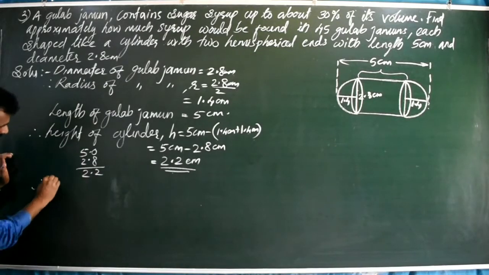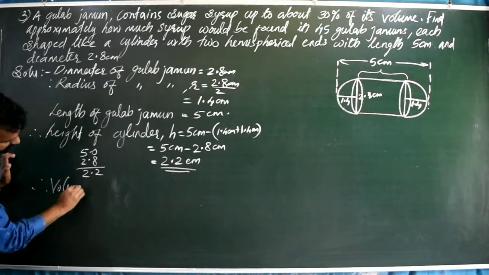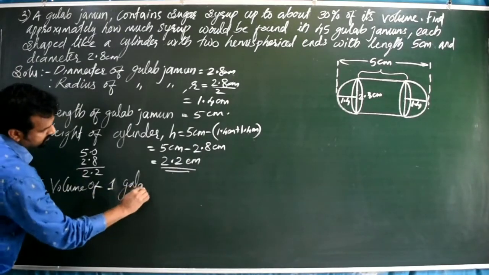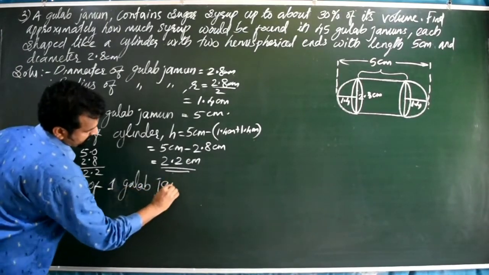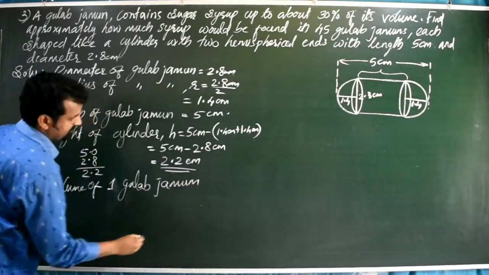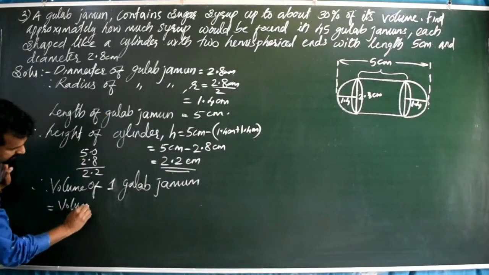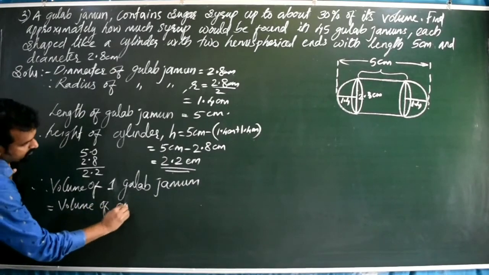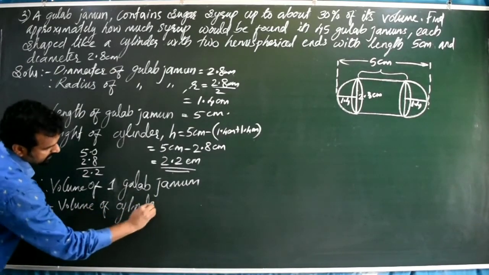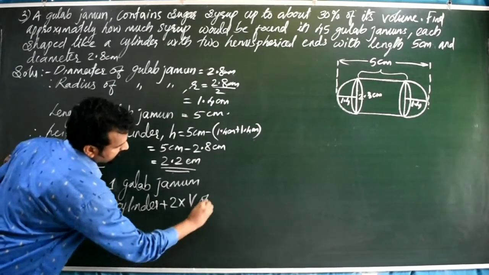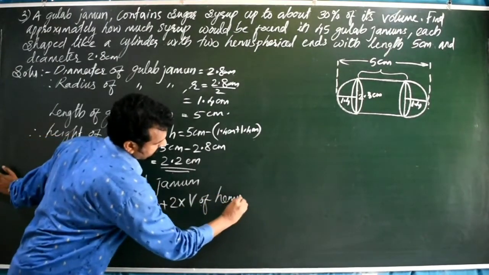Now we will find out the volume of one gulab jamun. Therefore, volume of one gulab jamun is equal to volume of a cylinder plus 2 into volume of hemisphere.